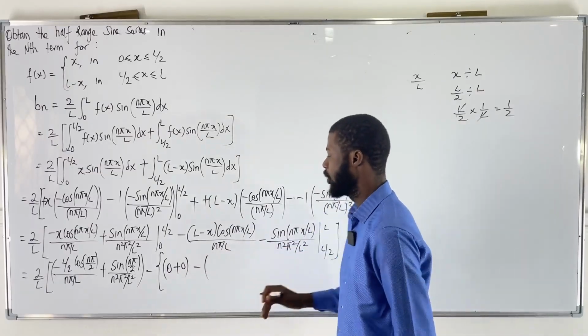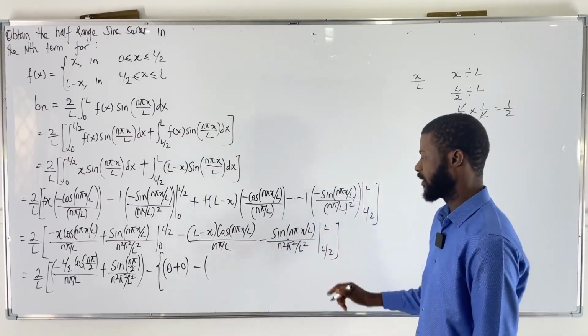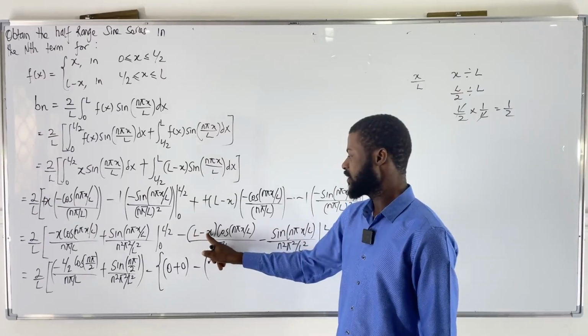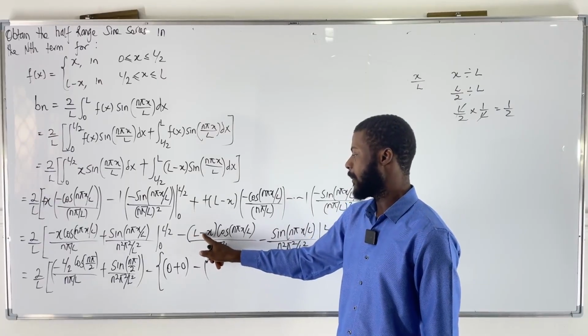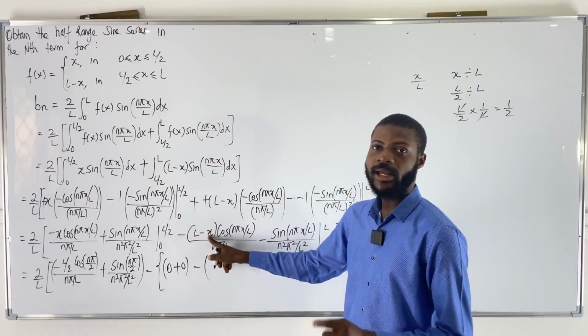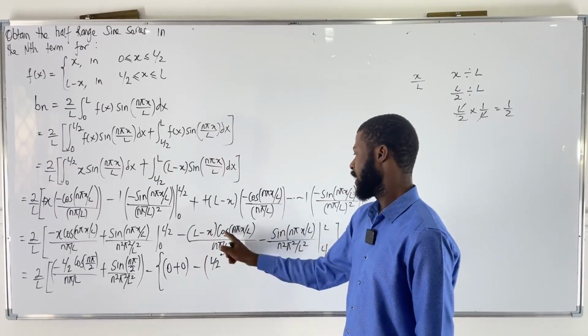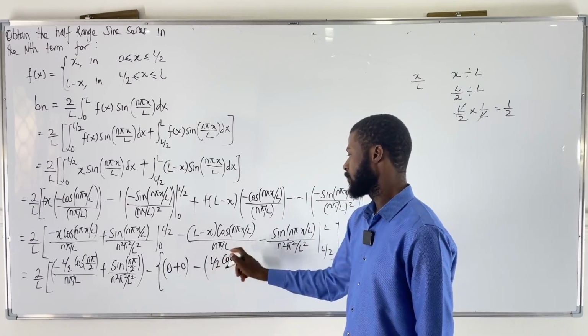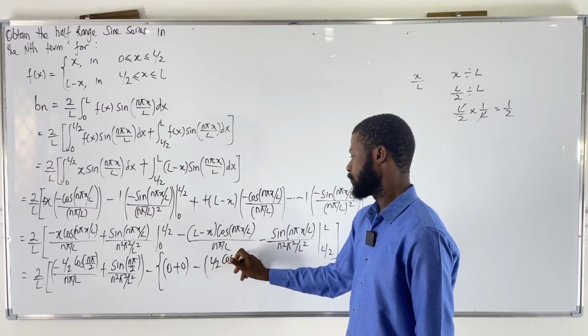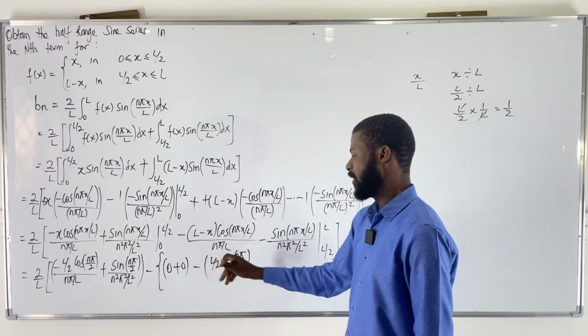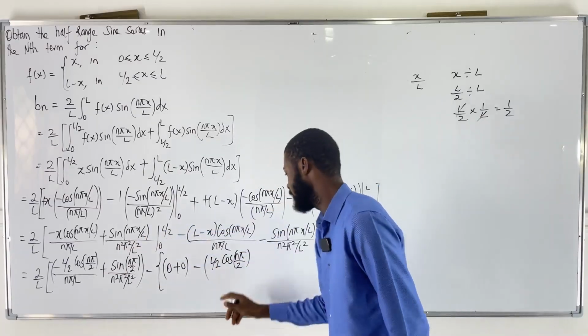Then minus. For the lower limit, let's put in L over 2. This is x, so this will become L minus L over 2, which is L over 2. And then we're going to have cos n pi over 2. We've explained why it will be n pi over 2.